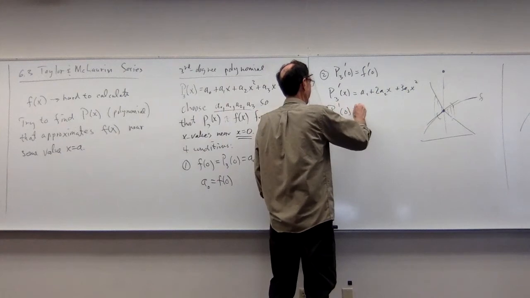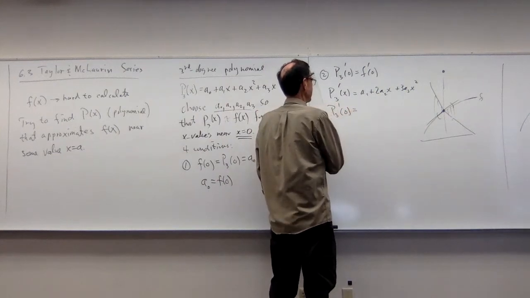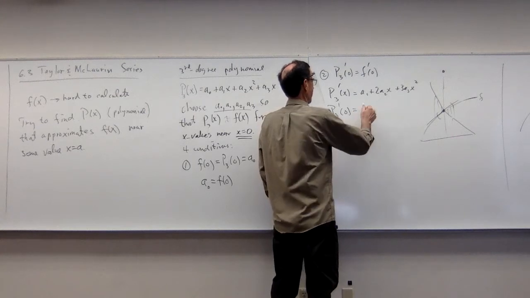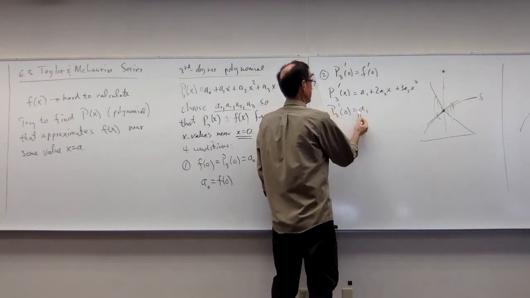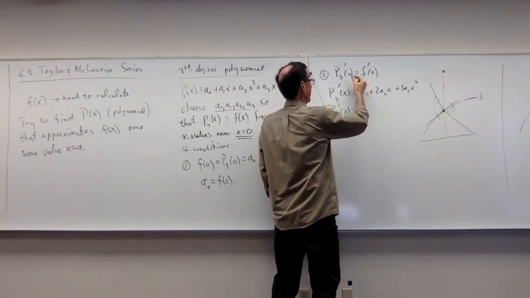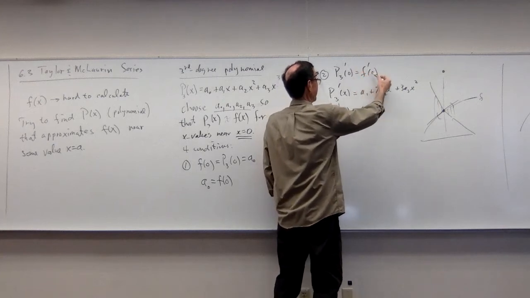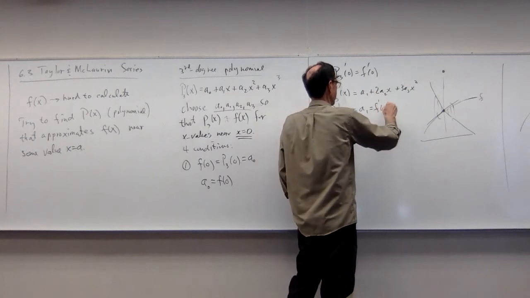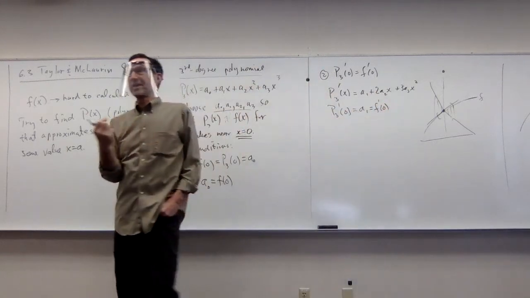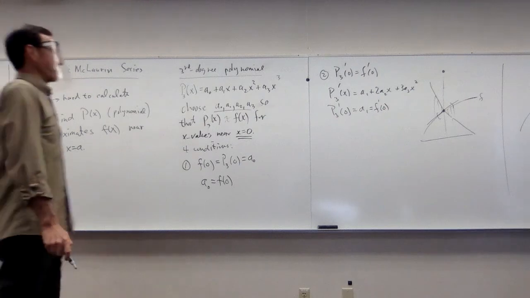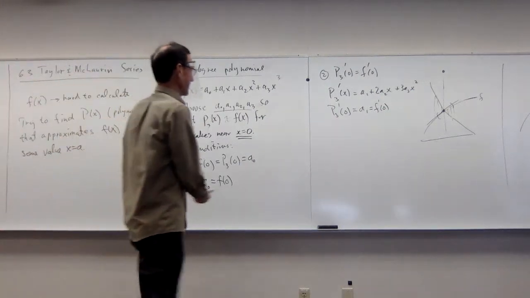What do we get? a1. So P3 prime at 0 is a1, and we've decided that we need that to be the same as f prime at 0, so we've solved for the second one. The coefficient of x is just going to be the derivative of the function we're trying to approximate, evaluated at 0. 2 down, 2 to go.